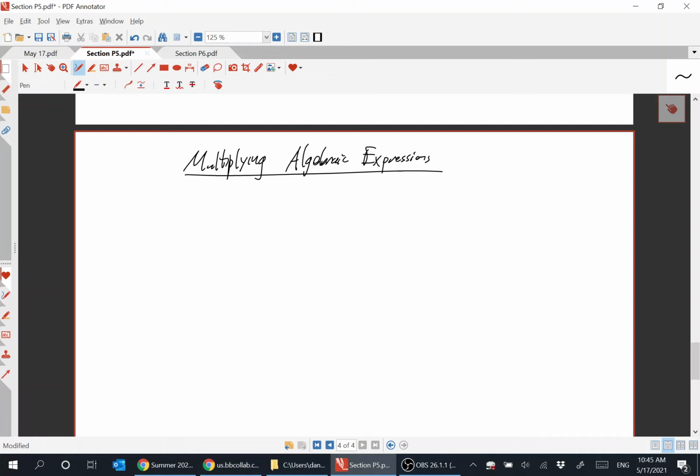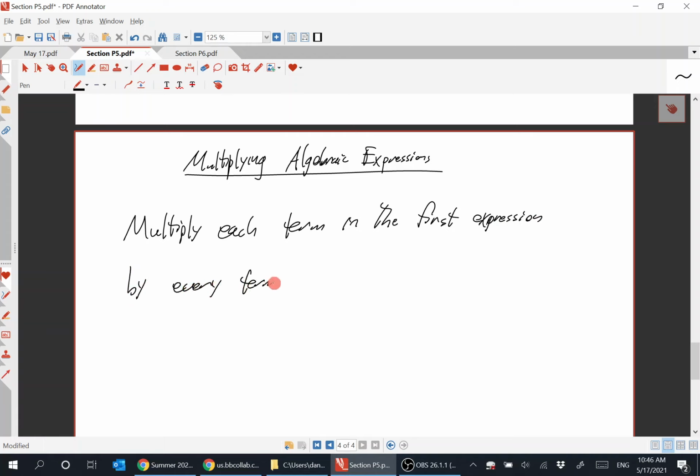Terms are things you add and subtract. So when you want to multiply two algebraic expressions, multiply each term in the first expression by every term in the second expression.